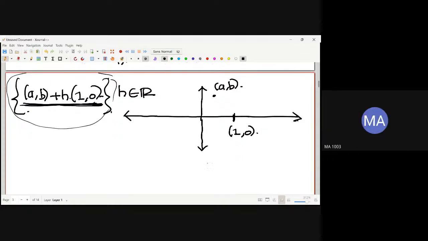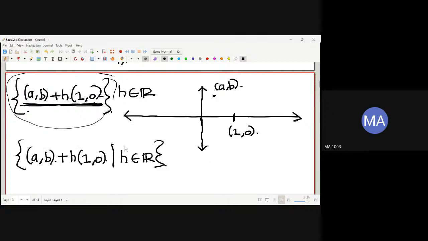See, I'm asking what is this set? a comma b is a fixed point, right? And I'm taking this one, h comma 0, where h varies over R. What will this set represent?